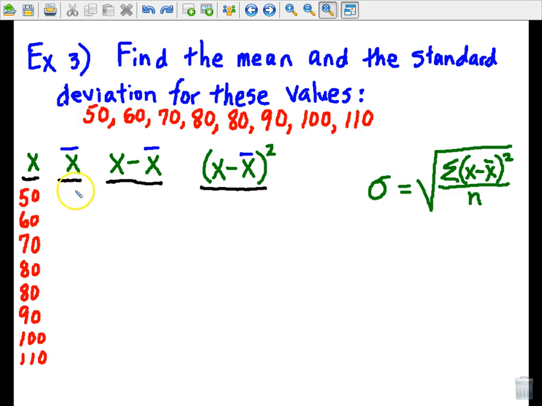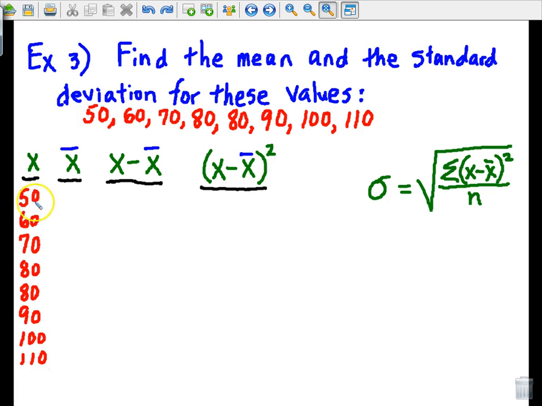First step, I just listed vertically the numbers that were given, my data. Remember back in the previous section, 12.3, x bar, x with the blue bar above it, stands for mean or average. So the first thing I've got to do is come up with the average of these numbers.